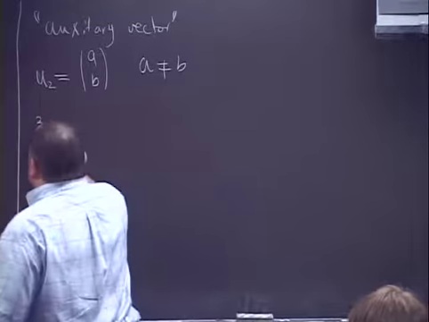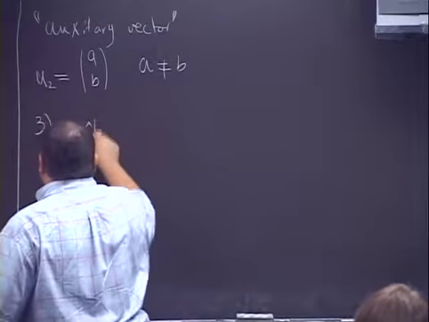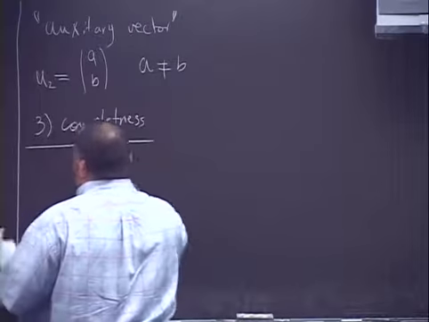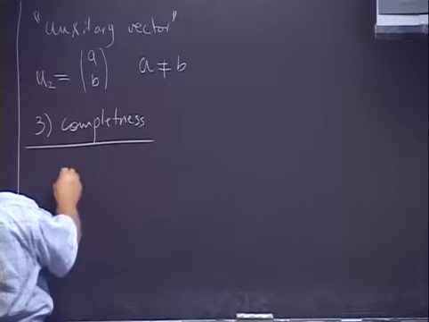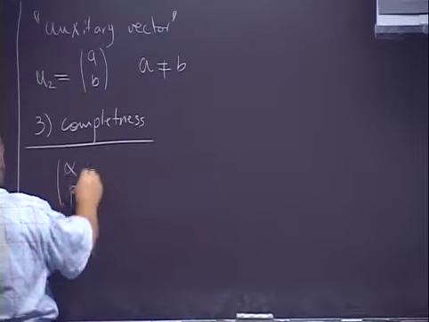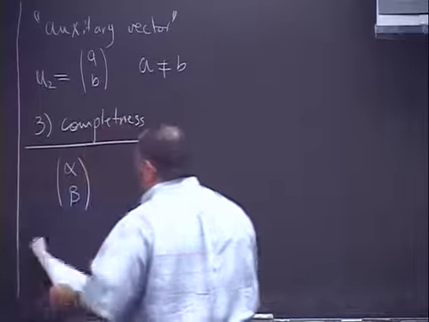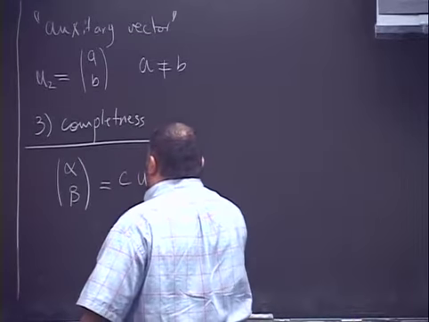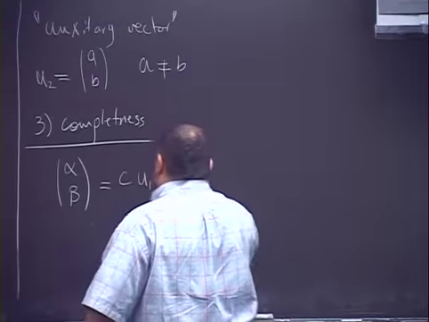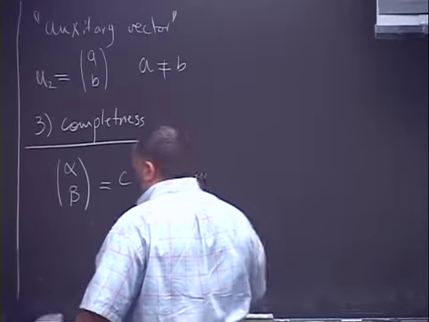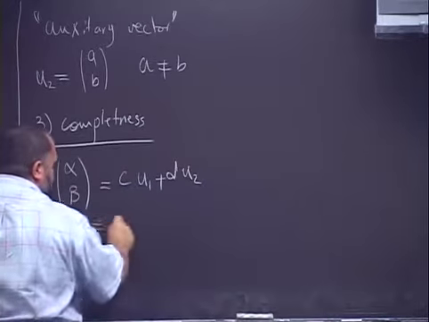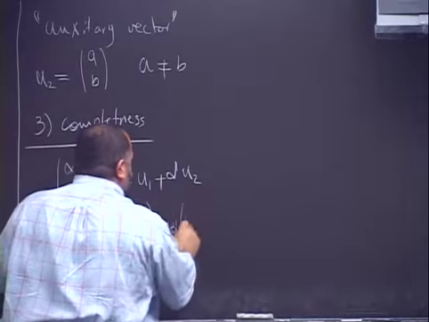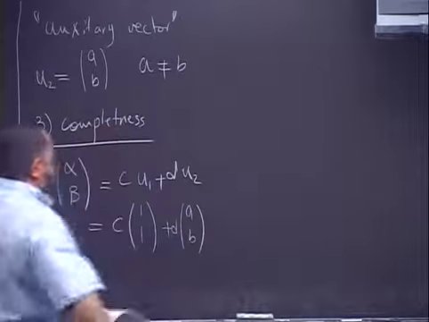So now, let's look for the completeness of these two vectors. We can expand any vector like before, alpha and beta, in terms of those two vectors. We'll say that this is some constant C multiplied by vector U1 plus another constant D multiplied by U2. So what's U1? (1, 1). And what's U2? (A, B).